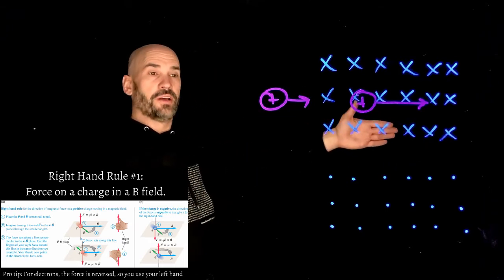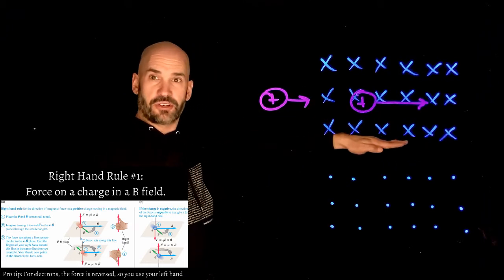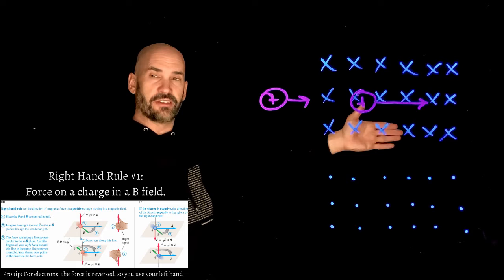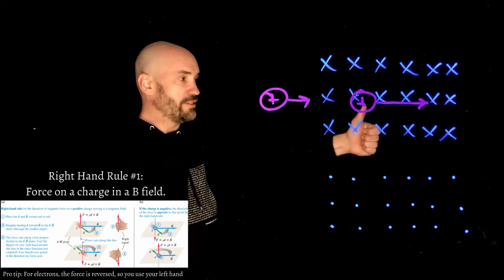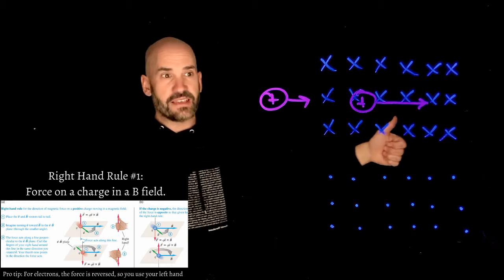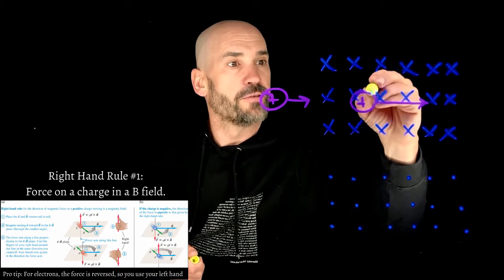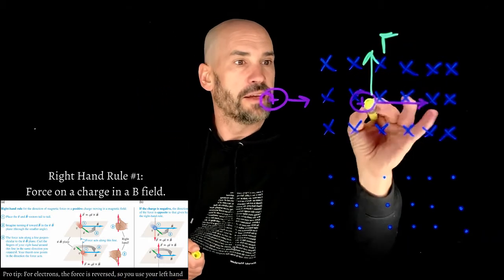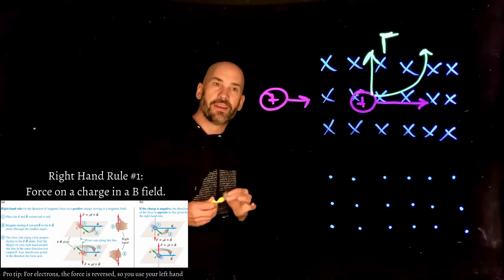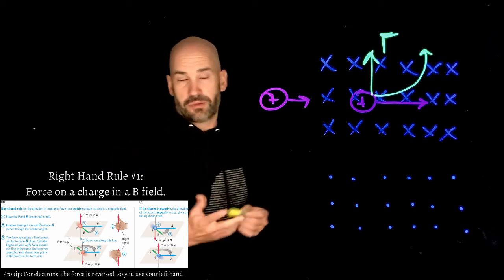So again, fingers point in the direction of the motion, of the velocity. The palm points in the direction of the magnetic field. Sometimes I like to curl my fingers in the direction of that magnetic field. That's fine too. But the thumb is the key. The thumb is the direction of the force. That means this particle would feel a force up, and it would begin to swipe up like this. Pretty basic.